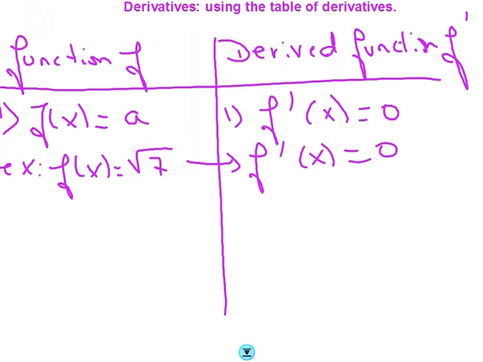So you don't need to find the derivative using the definition that you took. You just have to memorize that the derivative of any constant number is 0.